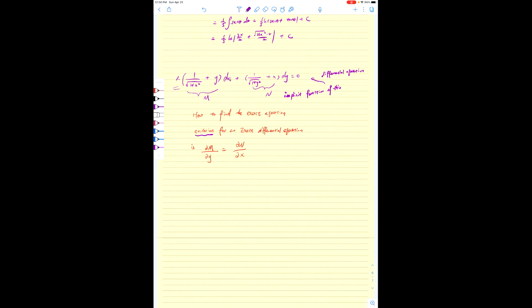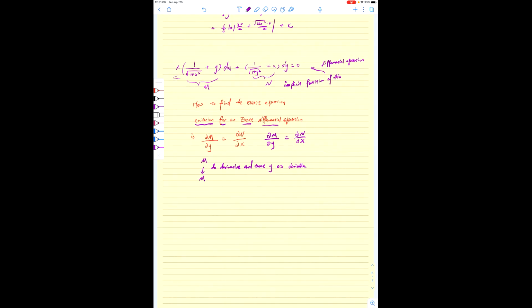And we know the equation for an exact differential equation is that the partial of M with respect to y and the partial of N with respect to x. That means for function M, we're going to take the derivative and treat y as a variable.